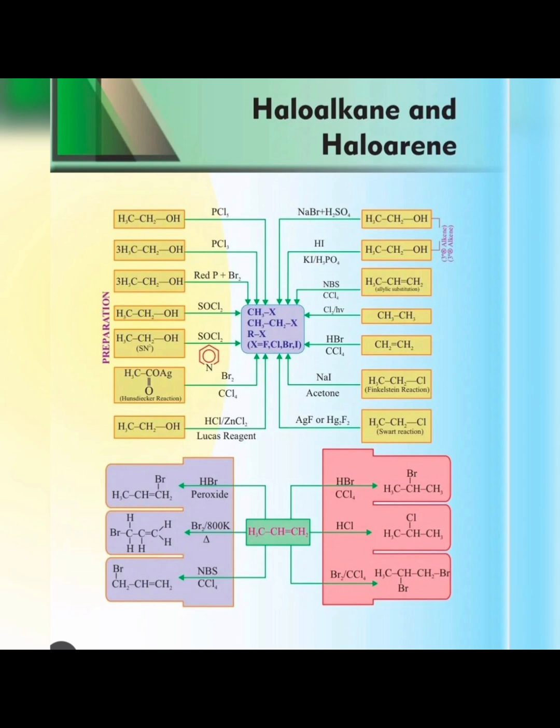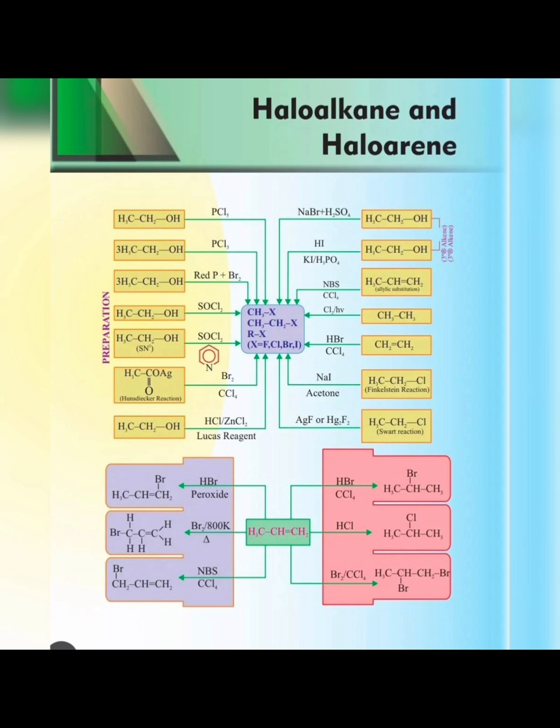Similarly, when propene reacts with excess bromine at a higher temperature of about 800 Kelvin, it gives 3-bromopropene as a major product. Similarly, when propene reacts with N-bromosuccinimide in presence of CCl4, it correspondingly gives 3-bromopropene as a major product.